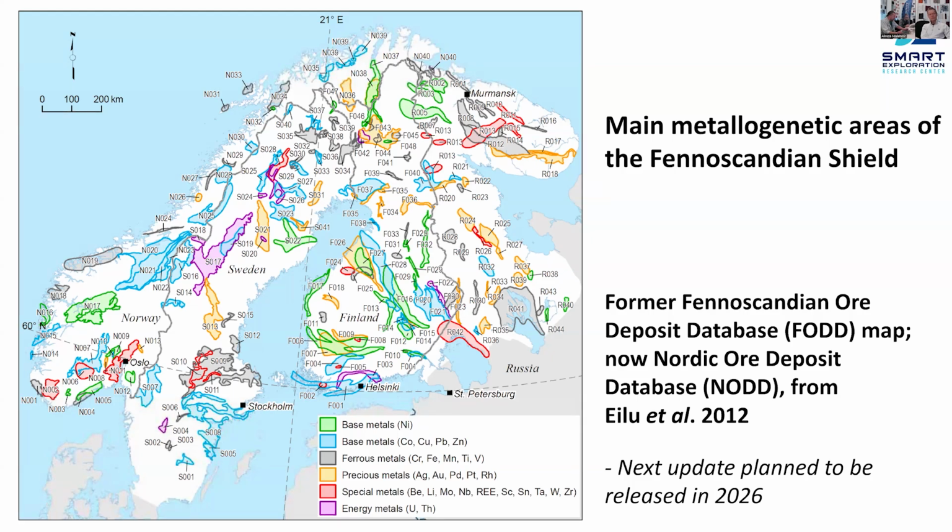And this means that any such kind of classification, any starting point for exploration, must be based in the knowledge that we have had at one given time in geological evolution the right conditions for concentrating a certain metal or a certain group of metals in each of these areas.